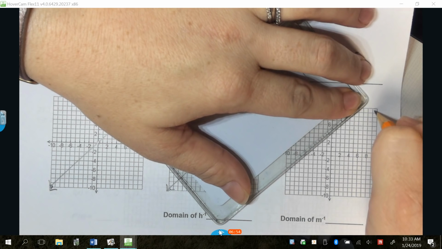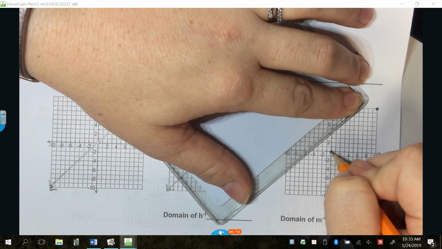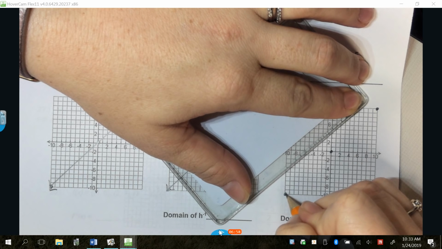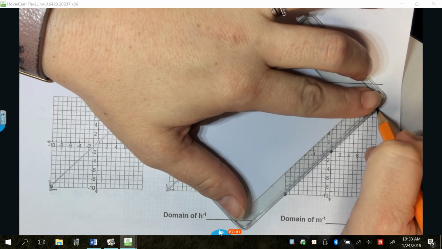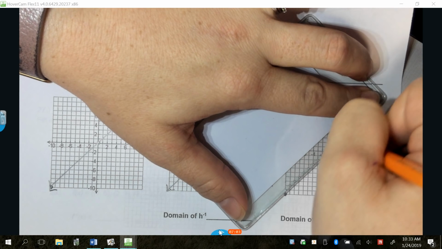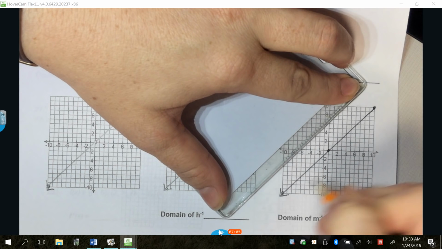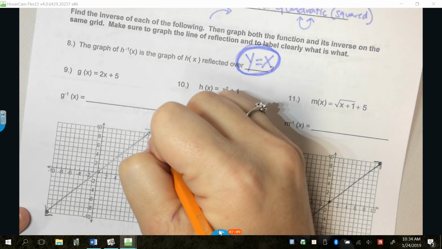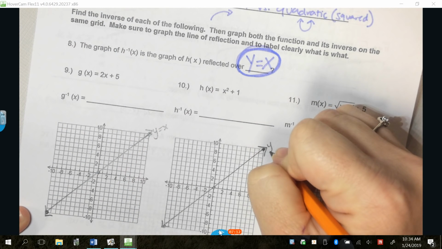And then same here. Okay, so that's my y equals x. This is my reflection line.